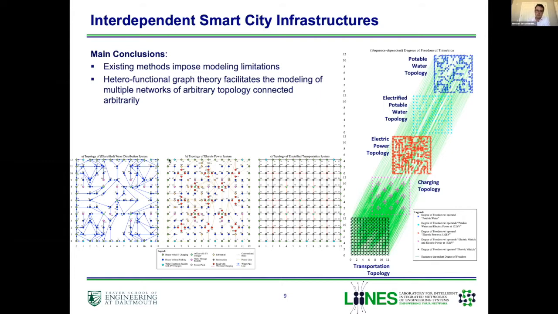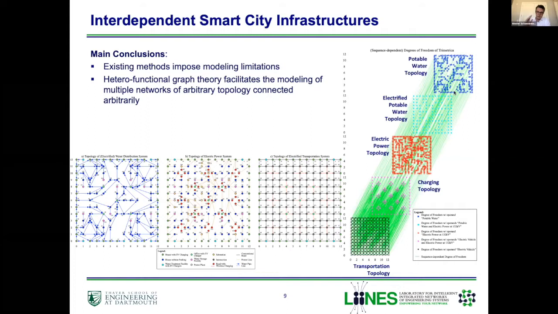And so in order to provide water to the houses in your smart city, you need power. And if you have electric vehicles, then you need power in order to charge those vehicles and to provide the service of transportation. And with my theory and with my methodology, I can create a single mathematical structure to analyze all of that at the same time.